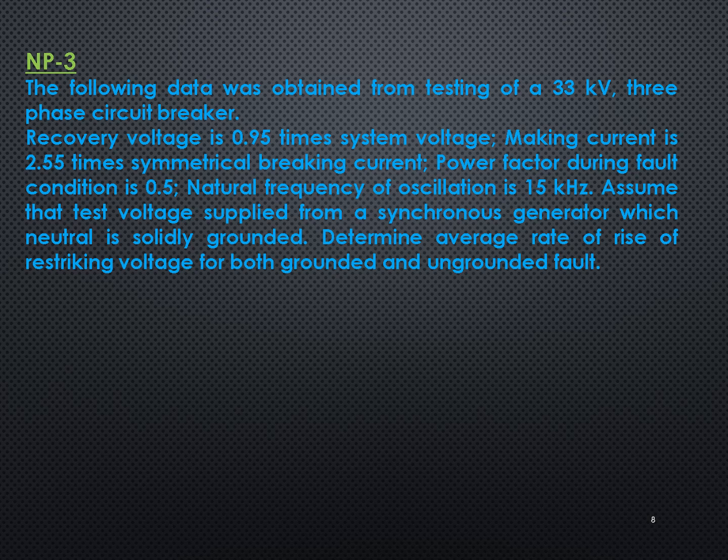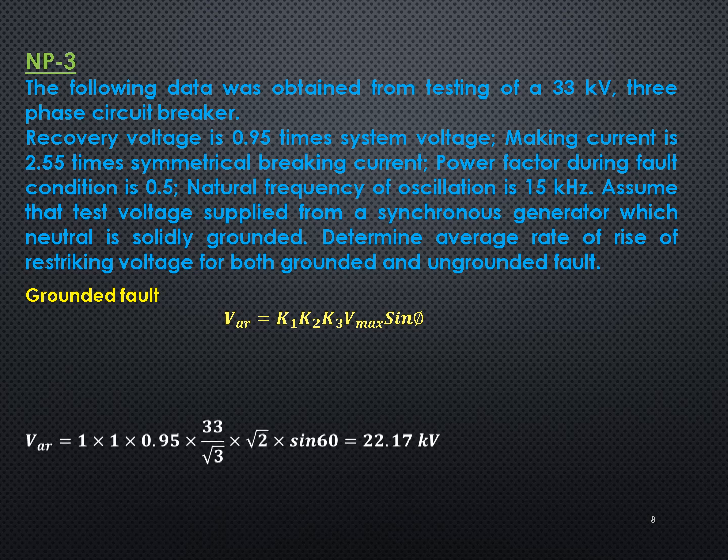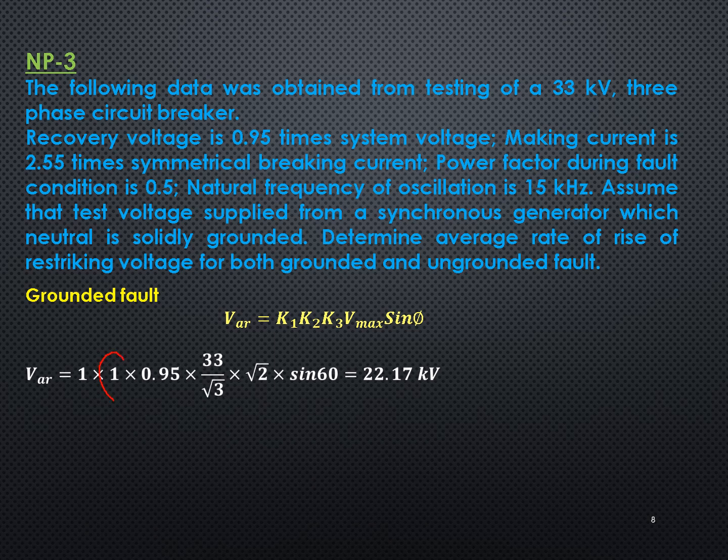First we consider the grounded fault. In the grounded fault condition, first we have to find the active recovery voltage. In this case K1 is 1, and for a grounded fault K2 equals 1. K3 is the demagnetization constant.